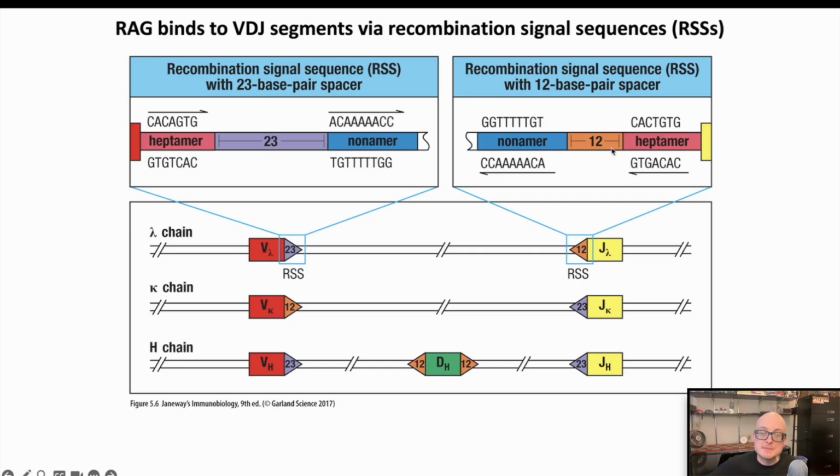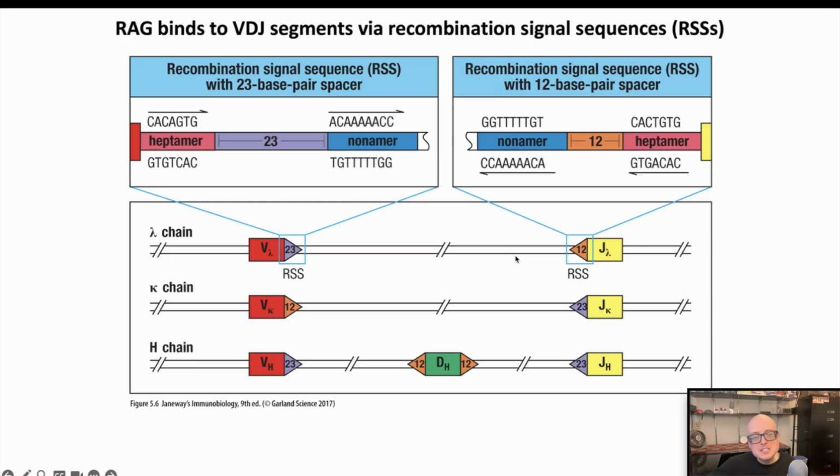What has been discovered is that 12 base pairs basically constitutes one turn of the DNA double helix, whereas 23 base pairs constitutes 2 turns of the double helix. And that's helpful because we always draw these diagrams to show the DNA in 2 dimensions. It's being stretched out on a line. But recall that DNA is a double helix. It has a 3-dimensional structure.